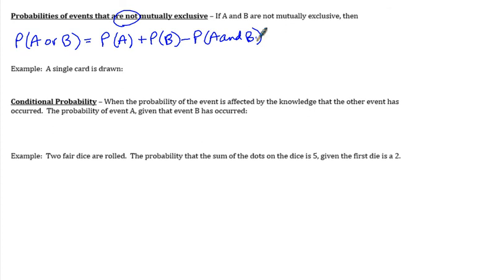Okay? So the probability of pulling a club or an ace. These are not mutually exclusive. You could get a card that is both club and ace. So to calculate this, we say, what's the probability of pulling a club, add it to the probability of pulling an ace, and subtract out the probability of pulling something that's a club and an ace.